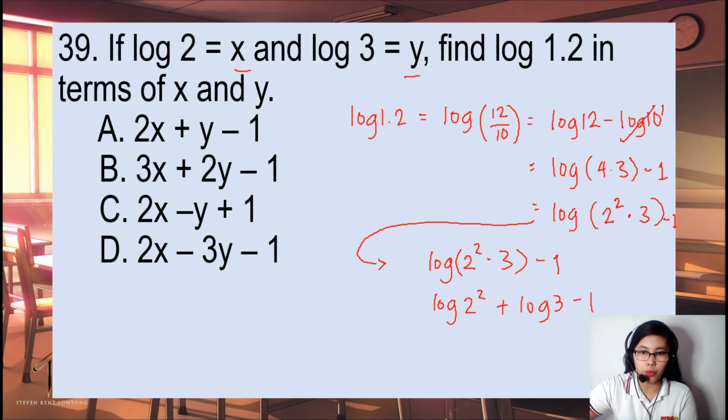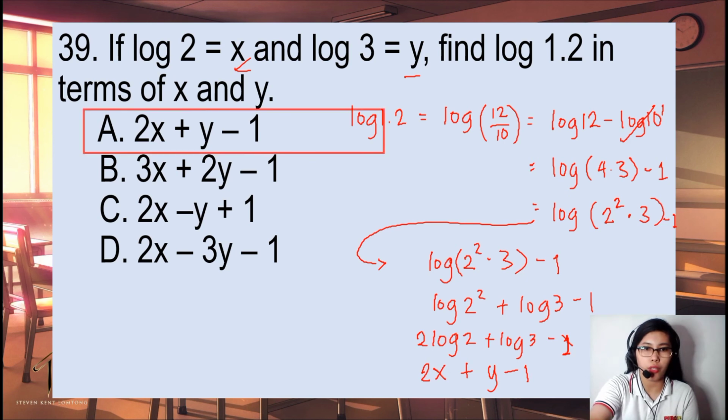And log of 2 squared can be expressed as 2 log of 2 plus log of 3 minus 1. But log of 2 is equal to x and log of 3 is equal to y. Therefore, our final equation would be 2x plus y minus 1, and that is letter A.